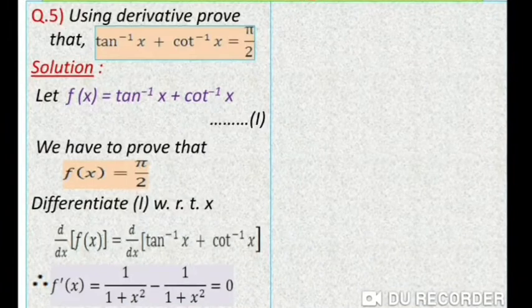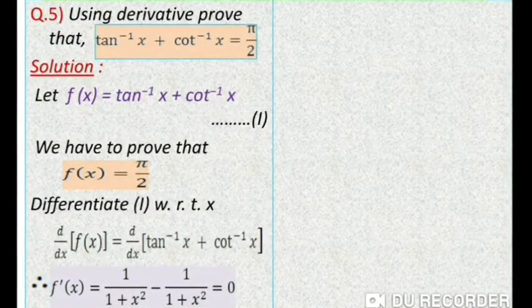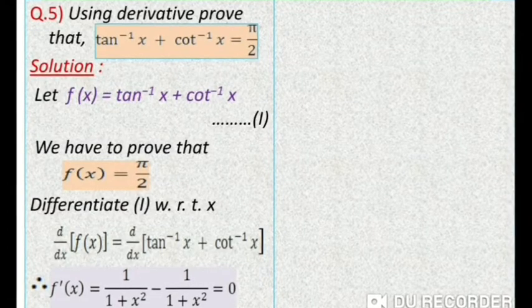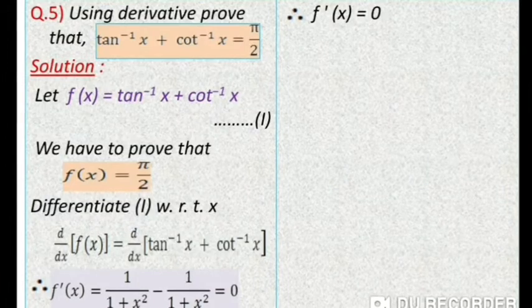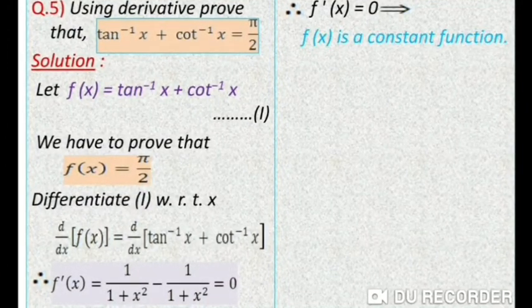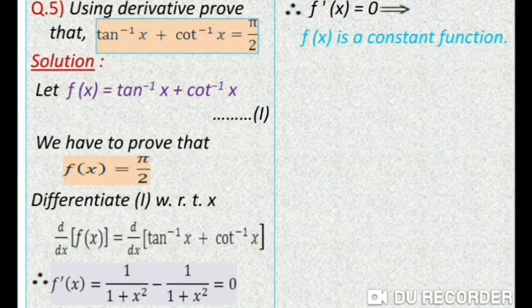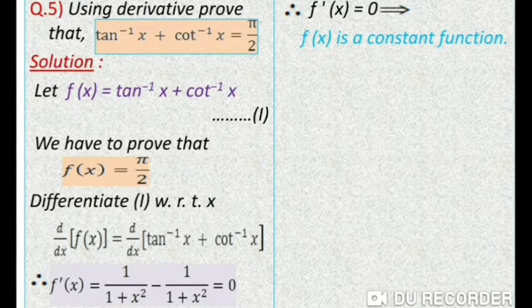They cancel, and therefore f dash of x equal to 0. That means the derivative of the given function is equal to 0. Now f dash of x equal to 0 implies f of x is a constant function, because when the derivative of any function is 0, the function must be a constant function.